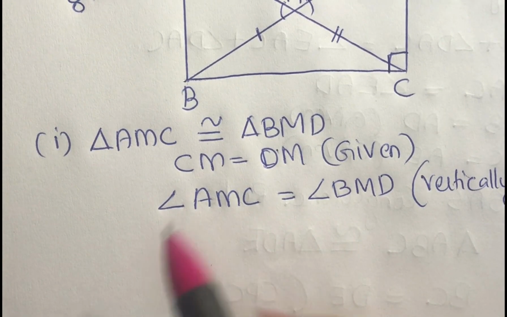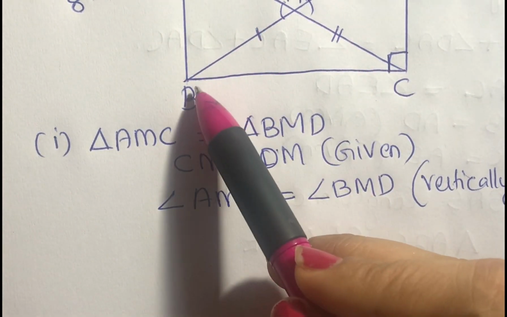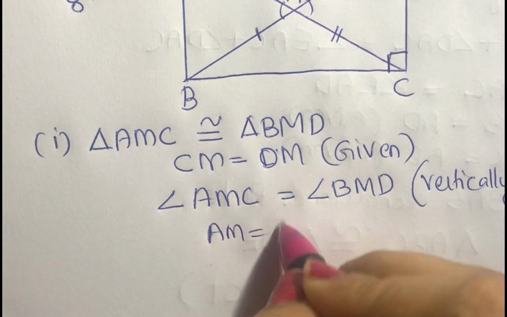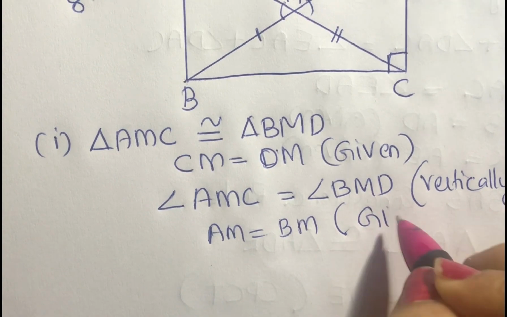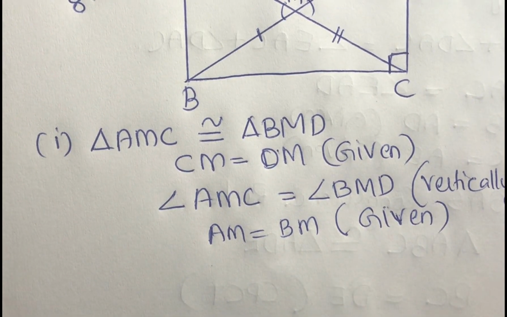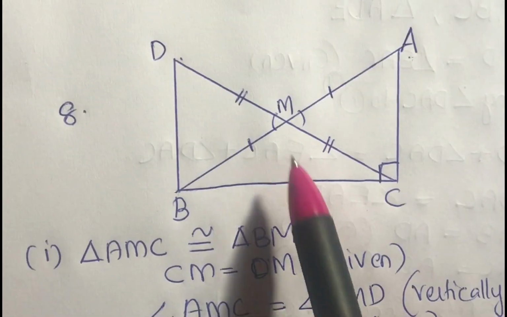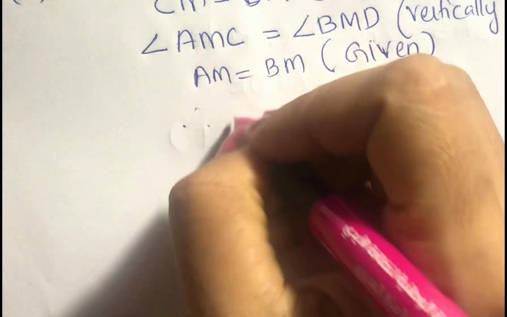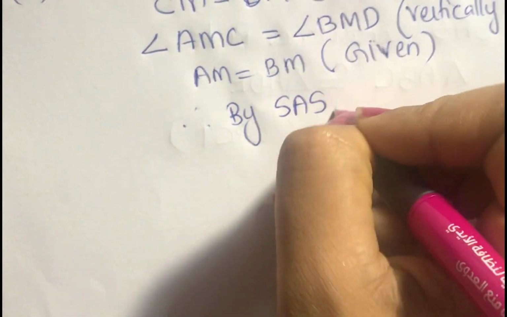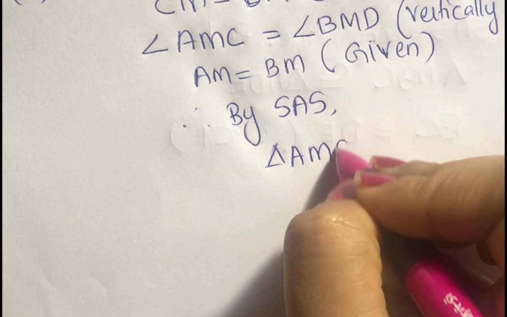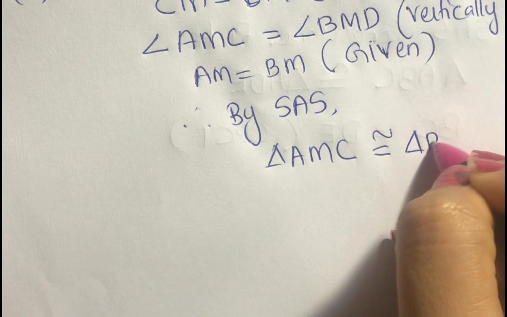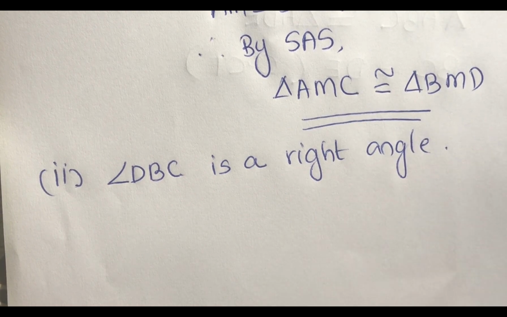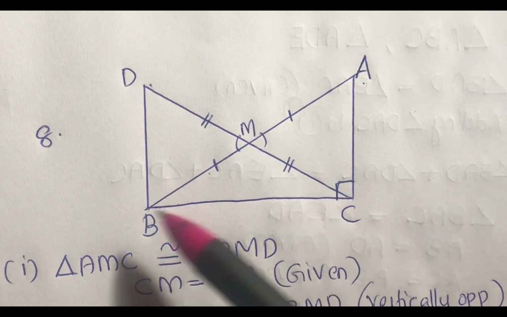And also AM is equal to BM, given. Therefore by SAS congruence rule, side angle side, triangle AMC is congruent to triangle BMD. Next we have to prove angle DBC is a right angle.